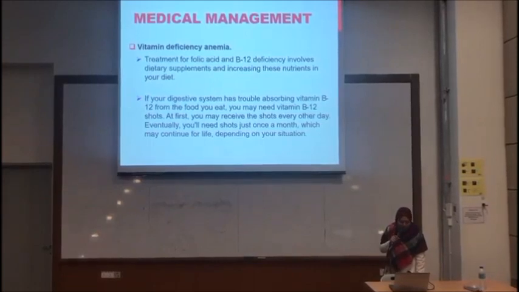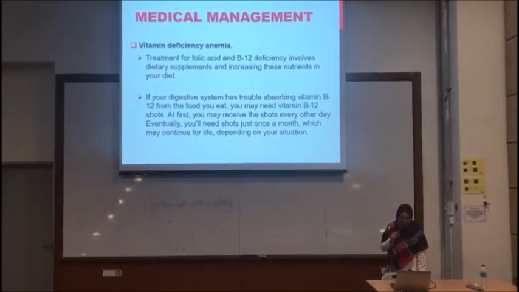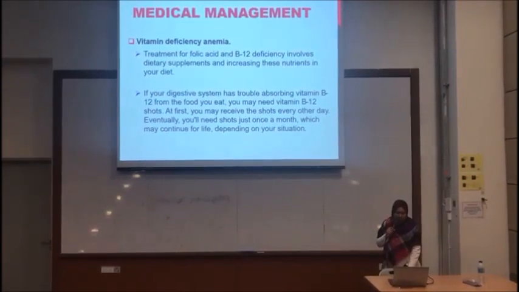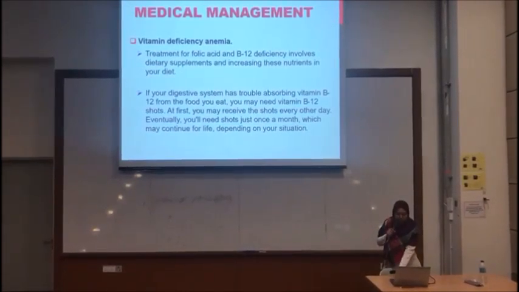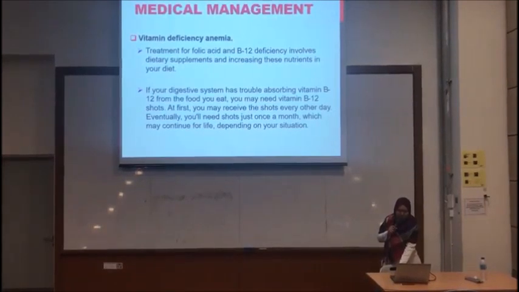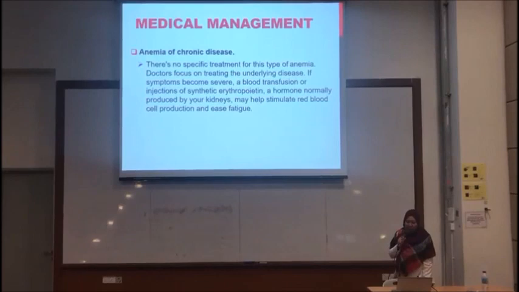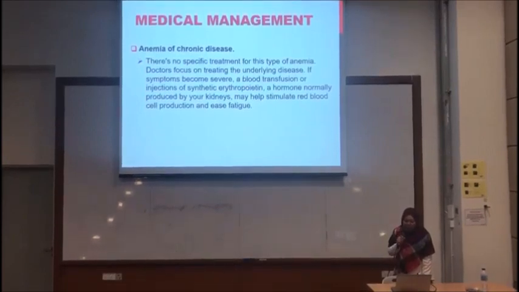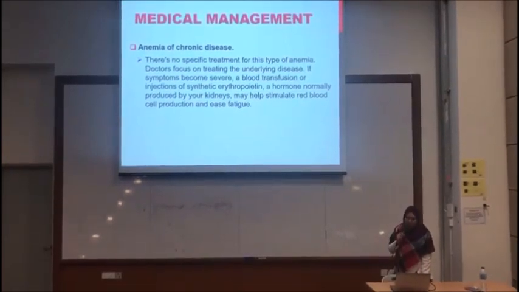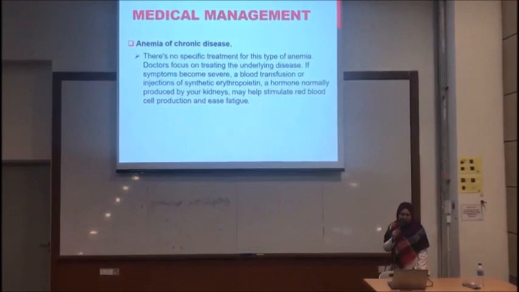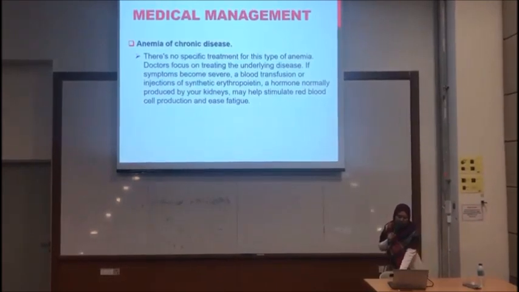At first, you may receive the shot every other day. Eventually, you need a shot just once a month, which may continue for life depending on your situation. Or injection of synthetic erythropoietin, a hormone normally produced by your kidney, may help stimulate blood cell production and ease fatigue.